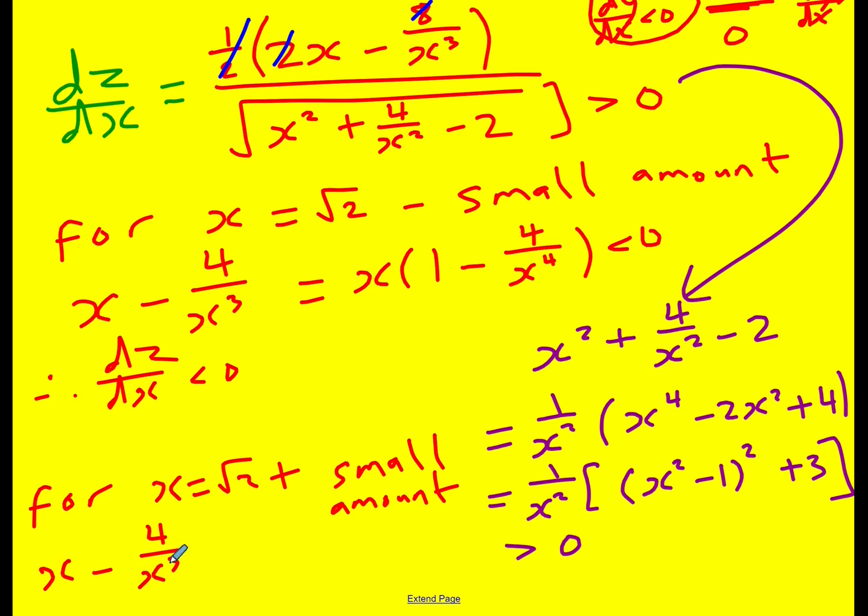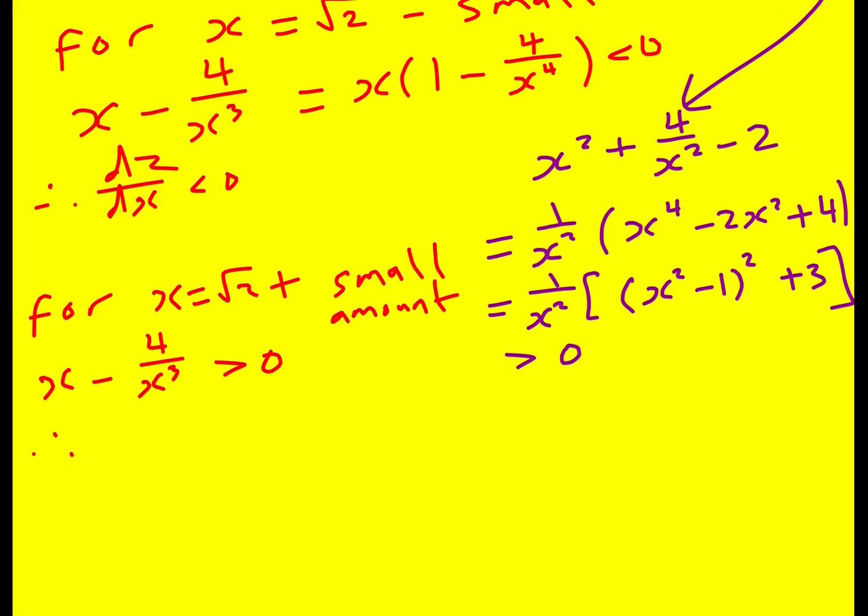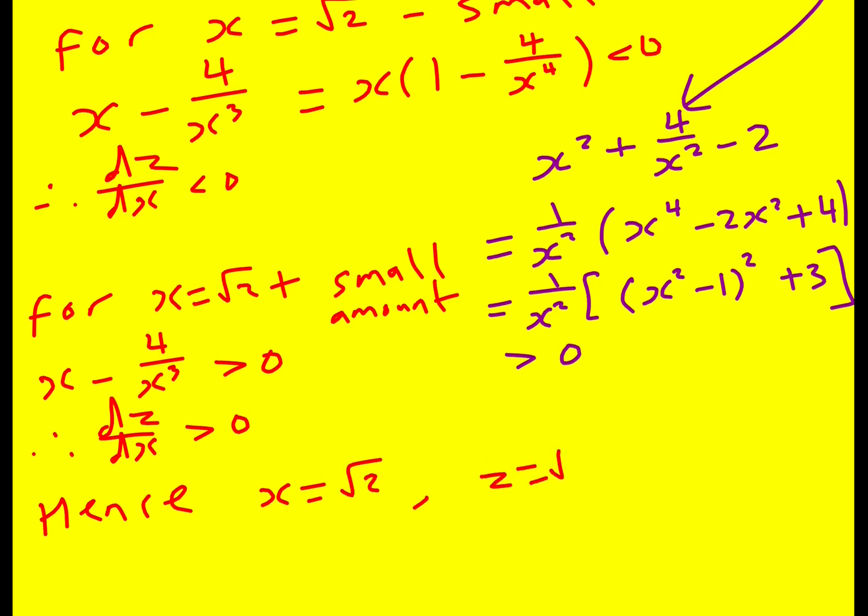And as soon as it goes above root 2, it's also going to be positive. Hence, x equals root 2 and z equals root 2, remember this is PQ, is a minimum.